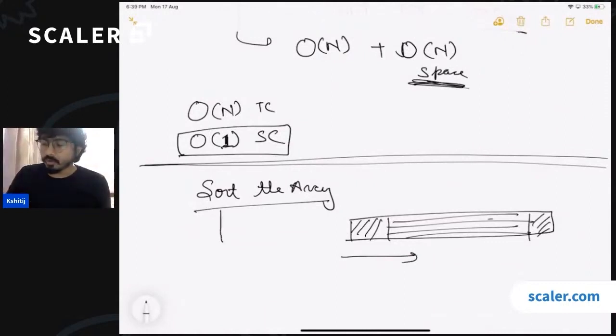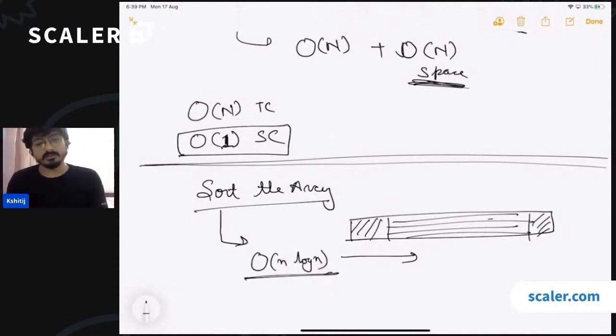So if you sort the array, what will be the time complexity? Even if you are using the most efficient sorting algorithm, it is going to be order n log n. You can use quick sort, merge sort, or heap sort, and all these sorts are going to run in order n log n time complexity.